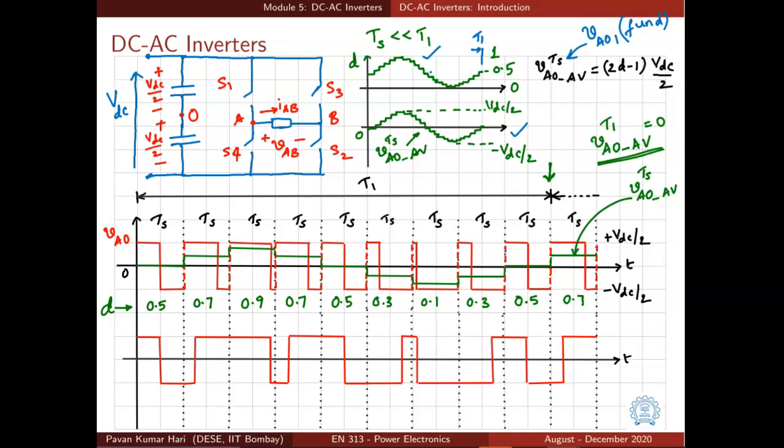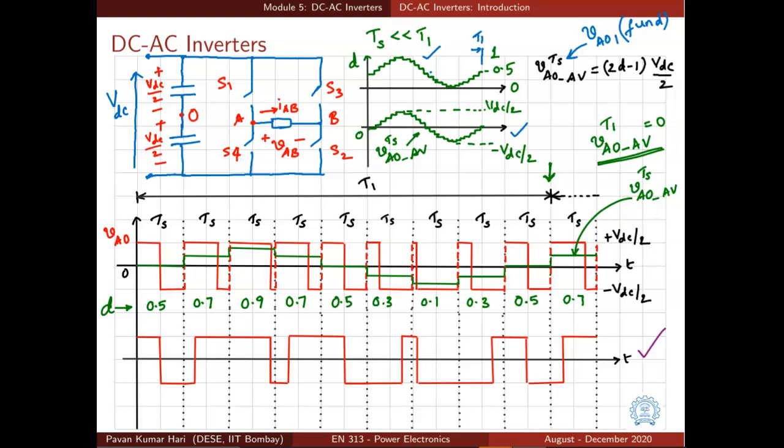Another interesting thing is that the same set of duty ratios can be achieved with a lesser number of transitions. That is shown here in this figure. Let us consider the second cycle of TS.